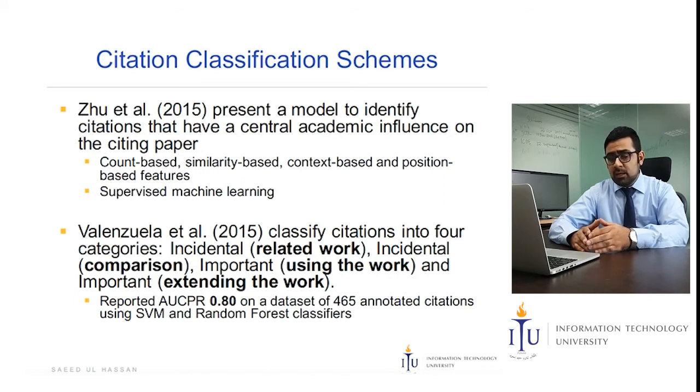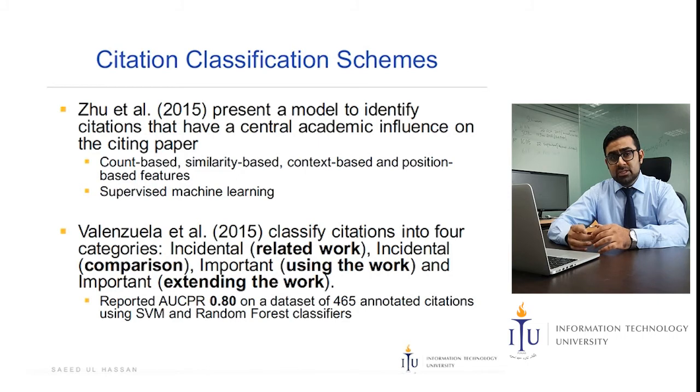Another state-of-the-art by Valenzuela in 2015, published in AAAI, classifies the citations into 4 categories. They group it into incidental related work, incidental comparative work, and the important class has two categories of using the work or extending the work. So for instance, if the citation is used just to show the background work or some related work, then it would be non-important for them.